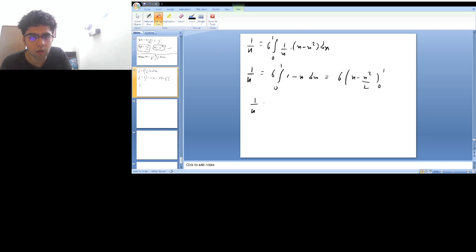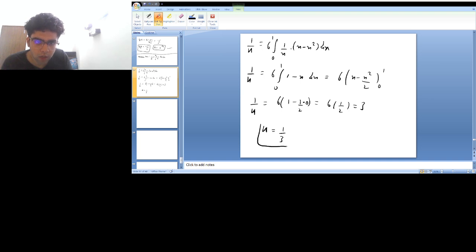This gives me 6 into 1 minus 1 by 2, subtracted by 0. So this gives me 6 into half, which is 3. Harmonic mean is the inverse of 3, that is 1 by 3. H is 1 by 3, the harmonic mean. Right. Now this should be correct.